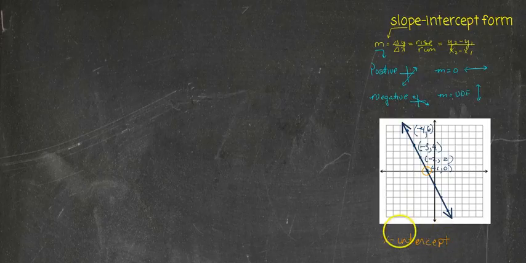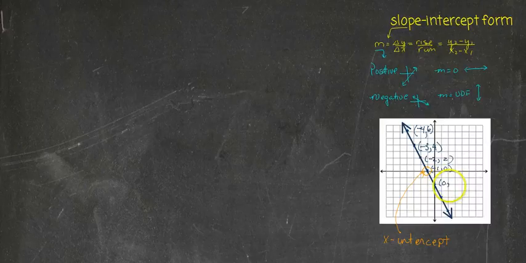And what that means is the line intercepts the x-axis at that point. If I keep going with my labels, the next point I have is x equals 0, y equals -2, and you can see that similar to the x-intercept, this point crosses or intercepts the y-axis. So we call this point the y-intercept.